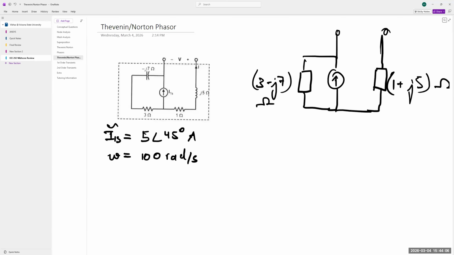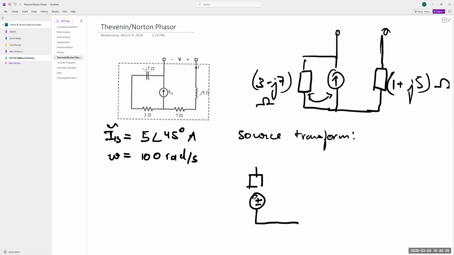And here are the terminals. So now we have our current source in parallel with an impedance. So we can do source transformation. So once we do the source transformation, we're going to get a voltage source in series.